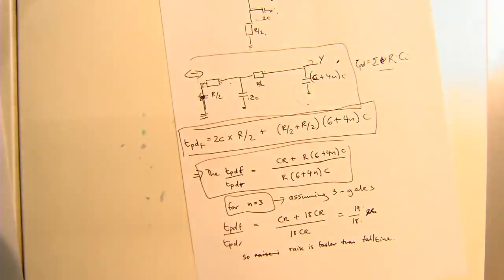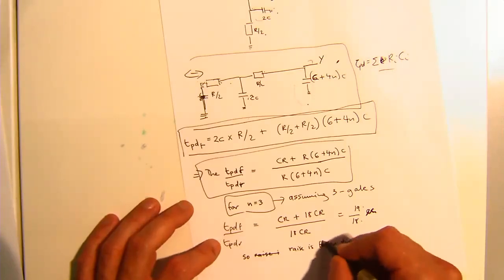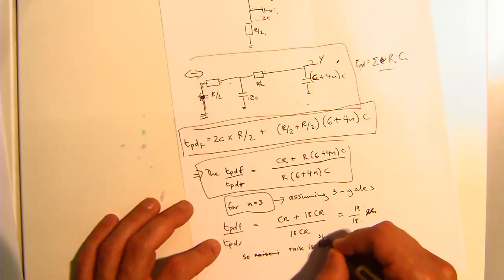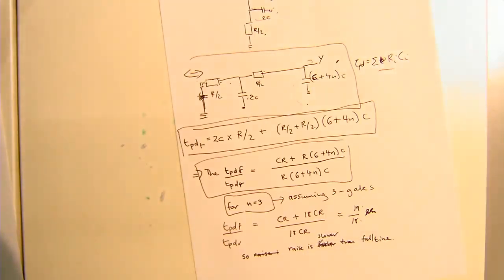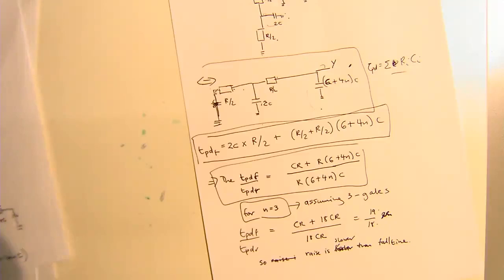So the rise is slower than the fall time. All right. So that now allows you to calculate the propagation delay for a 2-input NAND gate.